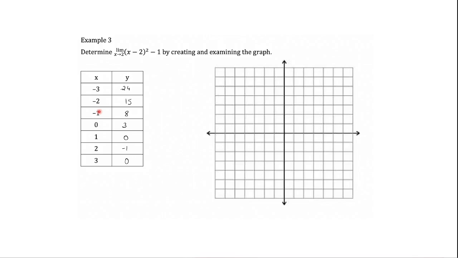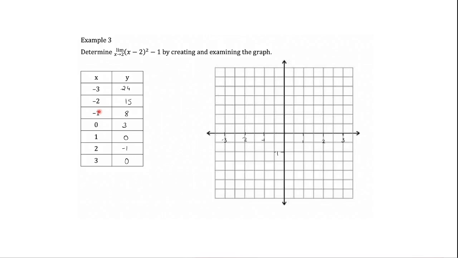What do we have here? So again, labeling our axes, negative 1, negative 2, negative 3, 1, 2, and 3. And then here we'll have our negative 1 there. There we go.